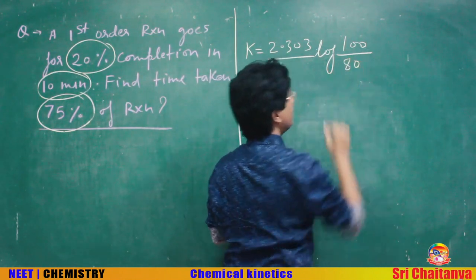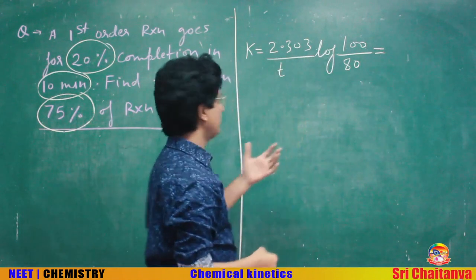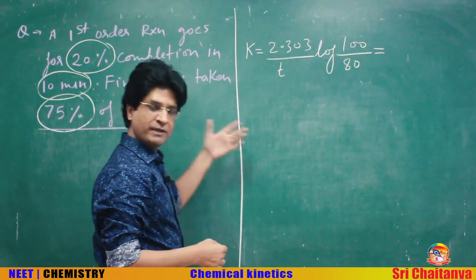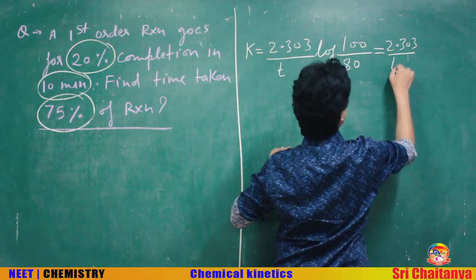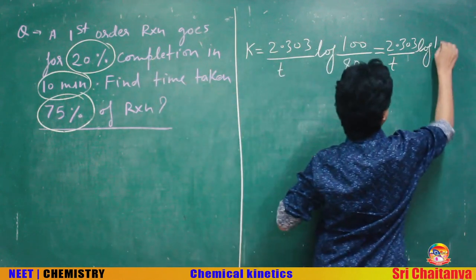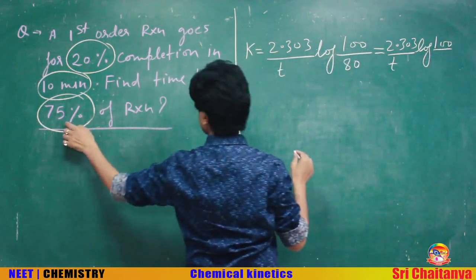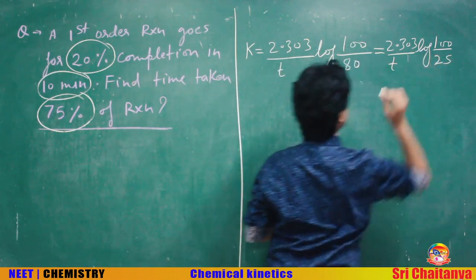The remaining amount will be 80. Now this K should also be equal to the second part of the question, 75%. So it will be 2.303 upon T log of initial amount 100, and once it is 75% complete, the remaining amount will be 25. So it will be 25.